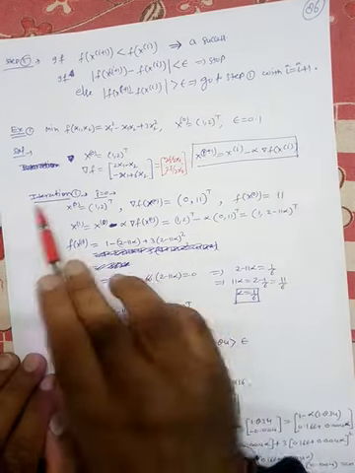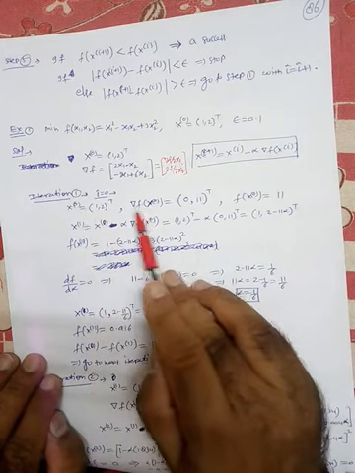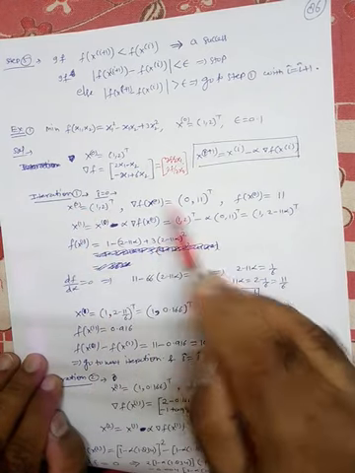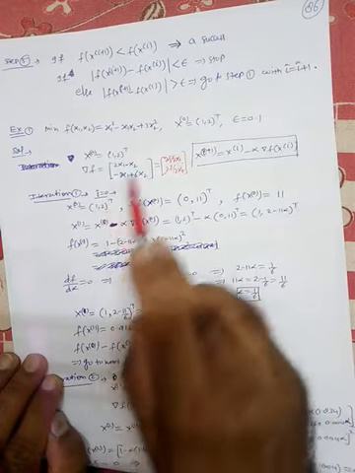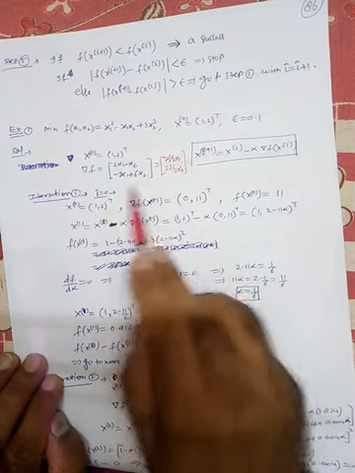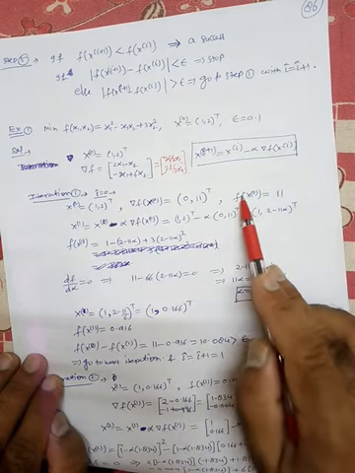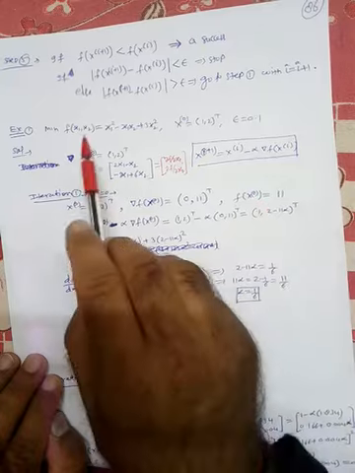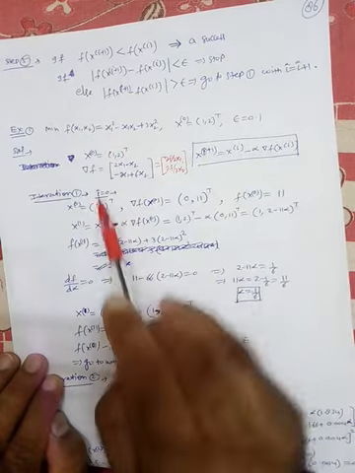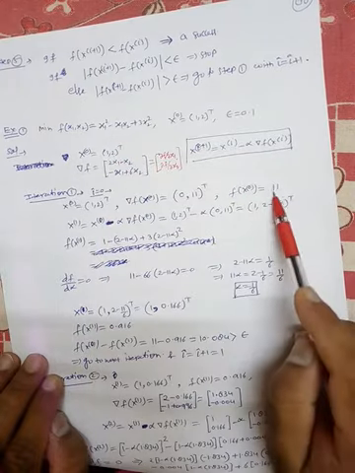Now iteration number 1, i is 0, so x0 is (1, 2) and gradient f of x naught is, just put x1 equal to 1 and x2 equal to 2 here, so we get (0, 11). Then f at x0: put x1 equal to 1 and x2 equal to 2 here, so we get 11.